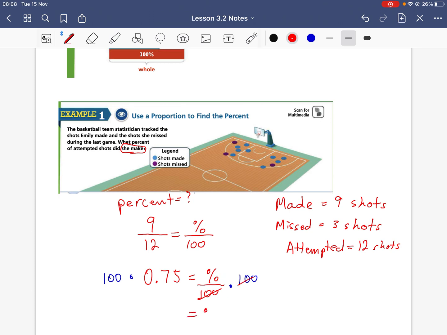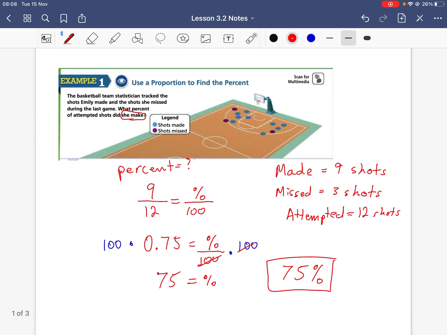So we have the percent is equal to 100 times 0.75. We are just going to move this decimal place over, so it is 75. So it is a total of 75%. That is how many she made. Okay? So we're just needing to think about what the part is, what the whole is.